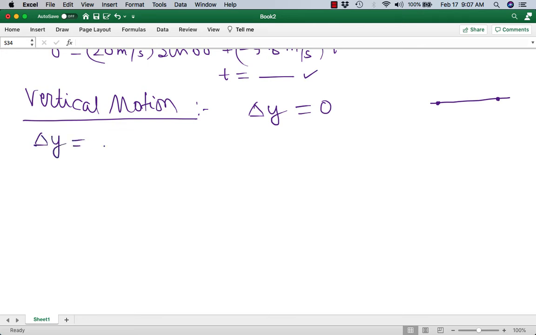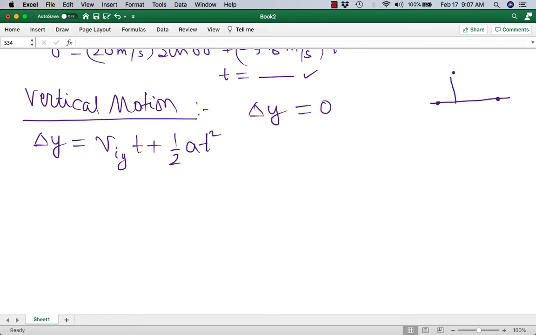Delta y is equal to v_iy t plus 1/2 a t squared. Now in this case I'm going to write capital T because we are talking about the total time, okay, not just the time for the maximum height.